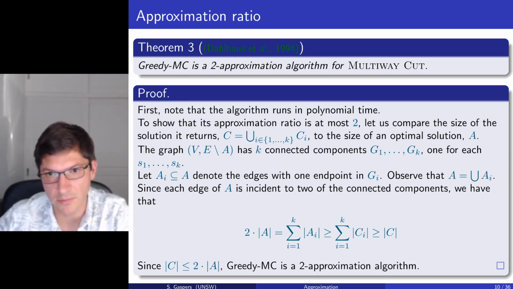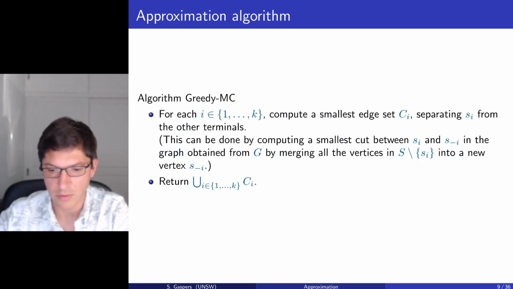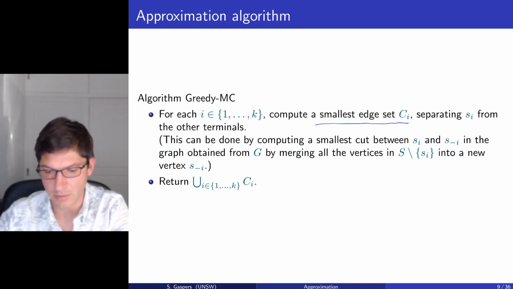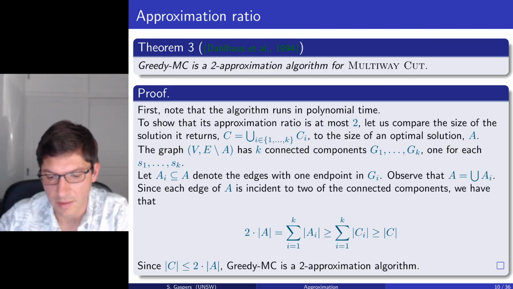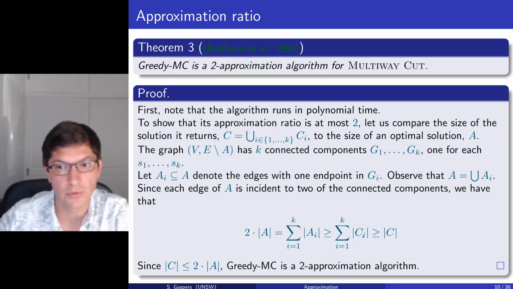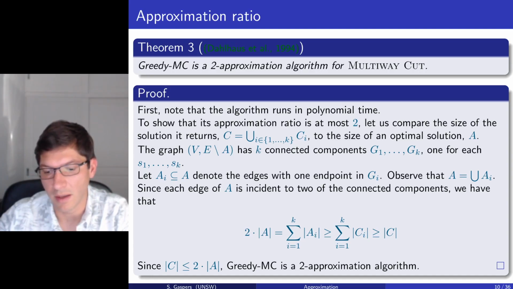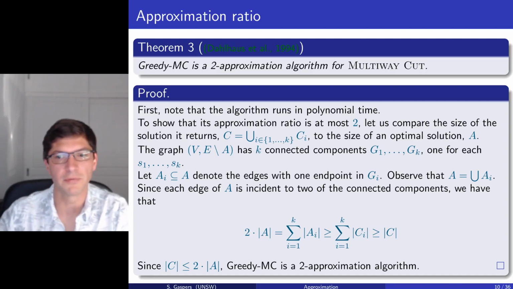C_i is the one that's returned by our algorithm. And so since the algorithm computed a smallest subset C_i, we know that the cardinality of A_i is at least the cardinality of C_i. Okay, and so when taking the union of all the C_i's, we get a set whose size is at most the sum of the sizes of the C_i's, because some of the edges could be shared or not, we don't know.